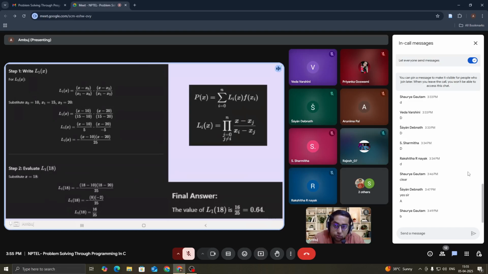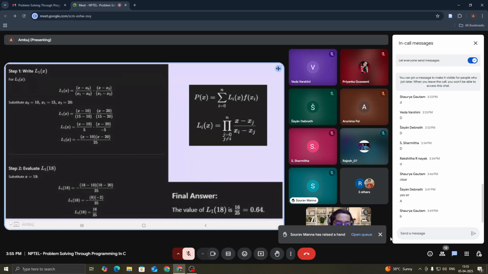So L1(x) will be equal to (x minus 10) over (15 minus 10) times (x minus 20) over (15 minus 20). So L1(x) is (x minus 10) over 5 multiplied by (x minus 20) over minus 5. I can write L1(x) as minus (x minus 10)(x minus 20) over 25, since 5 times 5 is 25.